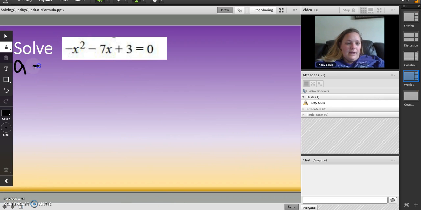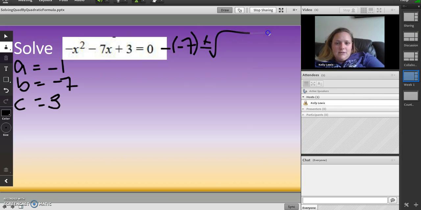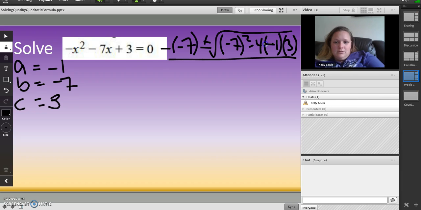Right here, A is negative 1, B is negative 7, C is 3. And the thing is, negative b plus or minus the square root of b squared minus 4ac, over 2a.